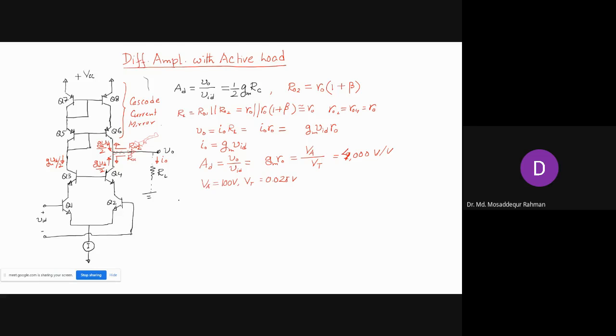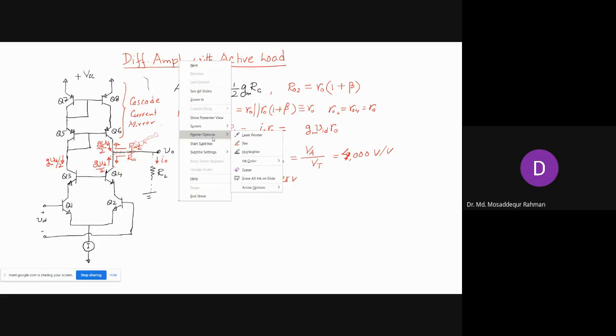So that is our differential amplifier with cascode configuration.